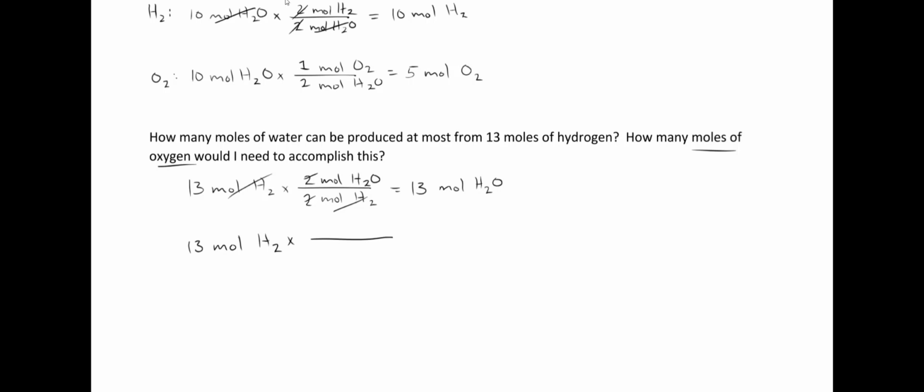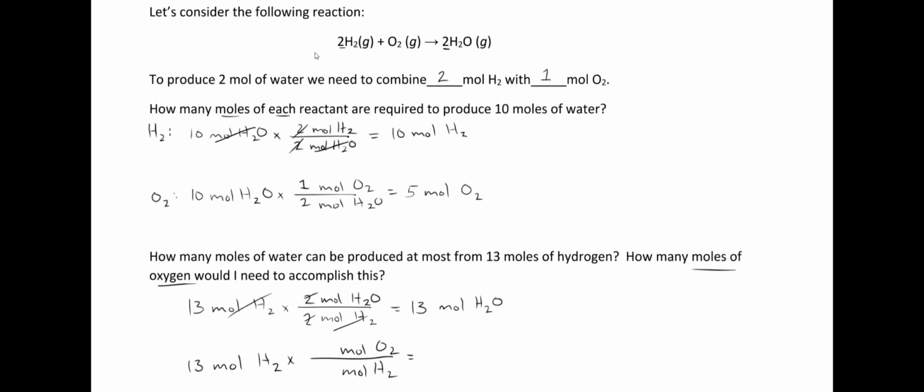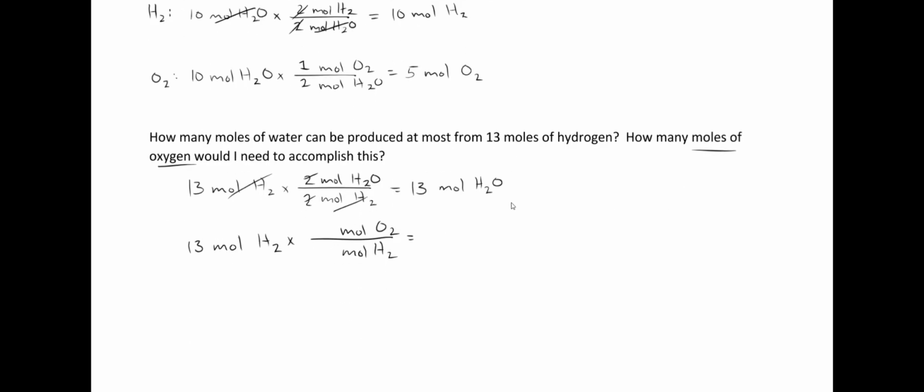So the unit I want to get rid of is moles of hydrogen, and the unit I would like is moles of oxygen. And going back to my chemical equation, in case we forgot, we had a 2 in front of the hydrogen and a 1 in front of the oxygen.